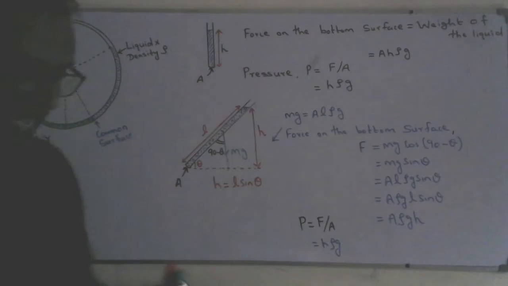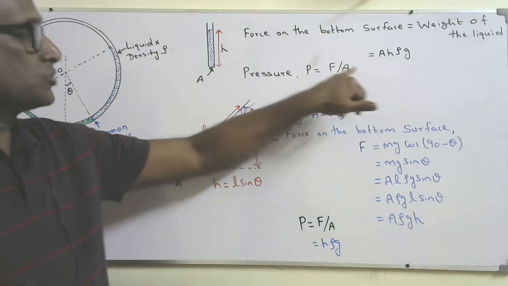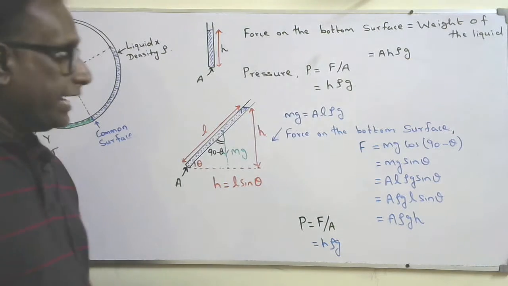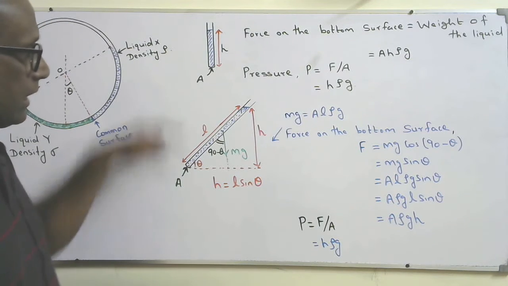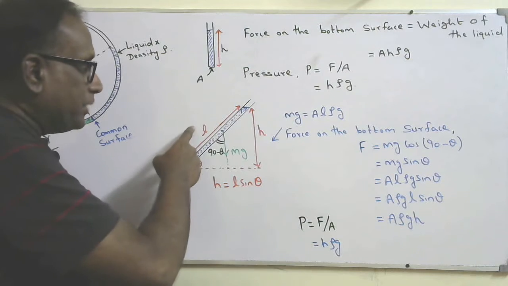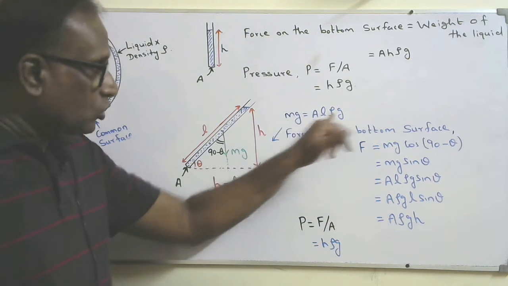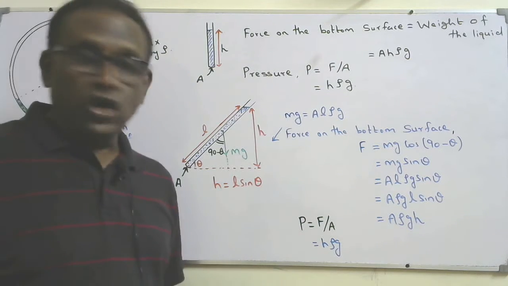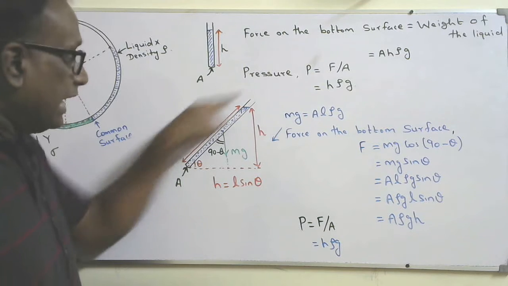So if the tube is kept at an angle and the length of the liquid column inside the tube is L, then the weight is A L rho g, where A times L is the volume, times density, times g. That's the total weight of the liquid column.